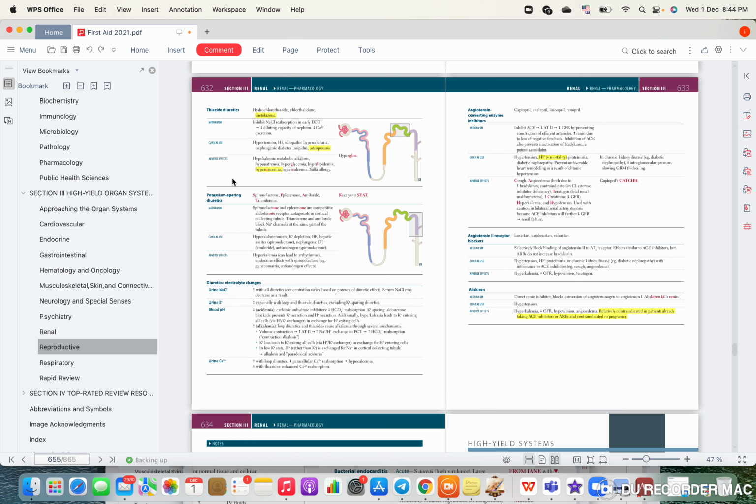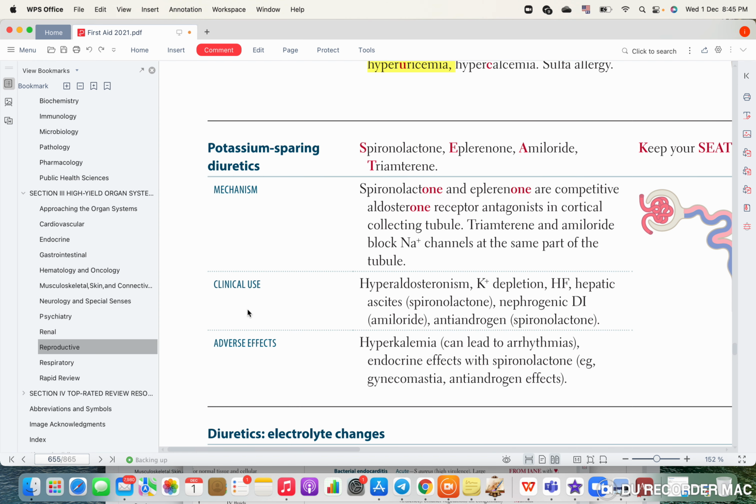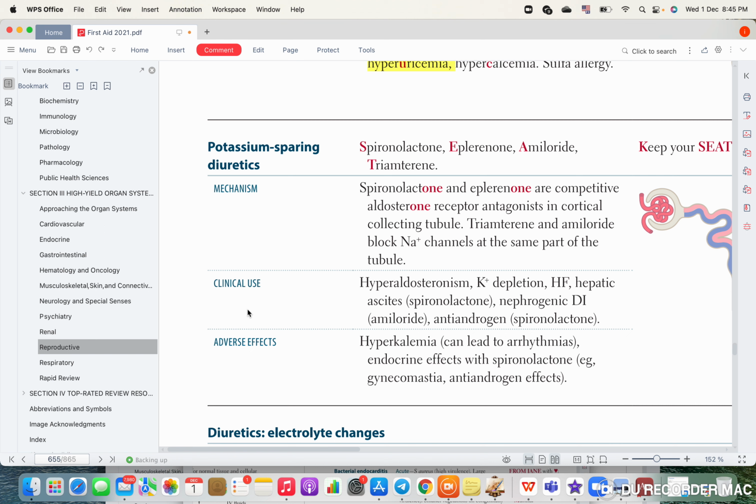Okay, yep, we have Liddle syndrome and we have the same syndrome. Liddle syndrome was due to overactivation of the ENaC channel. So which potassium sparing diuretic will we use in this syndrome? Amiloride and triamterone. Okay? Because they work directly at the ENaC channel.